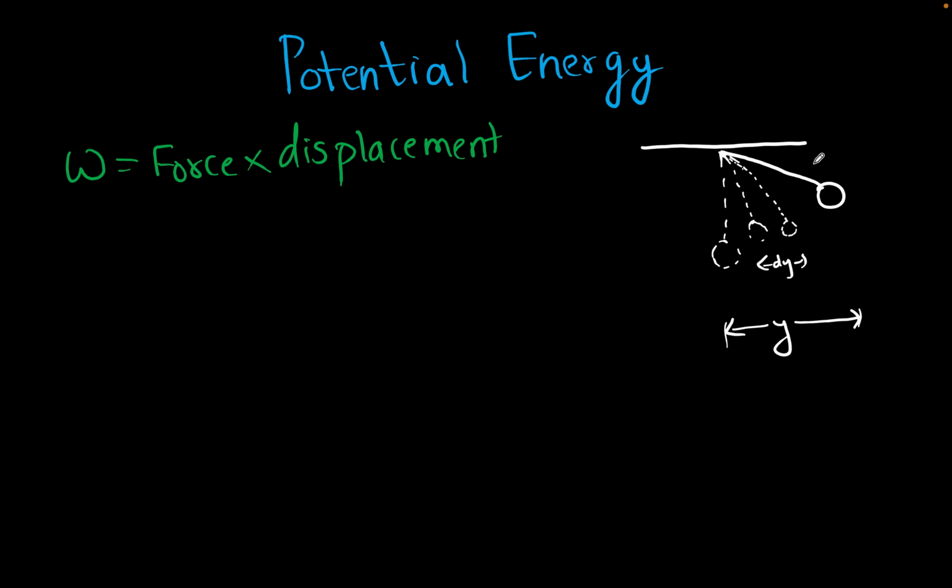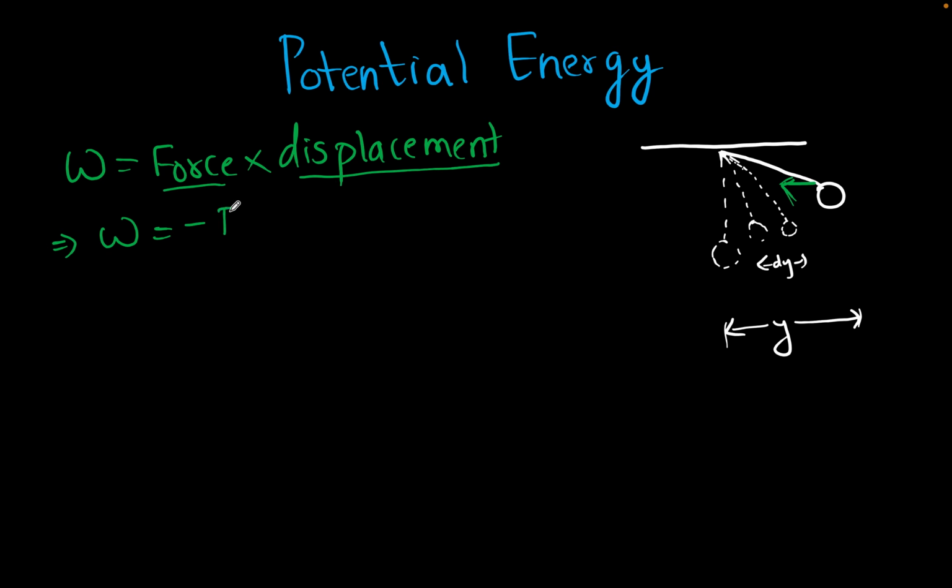So that would mean that the force applied is in the opposite direction to the movement of the pendulum. So our work done is force times displacement, but the force and the displacement are opposite in direction. That is why our work done is going to be negative. First you need to know this.